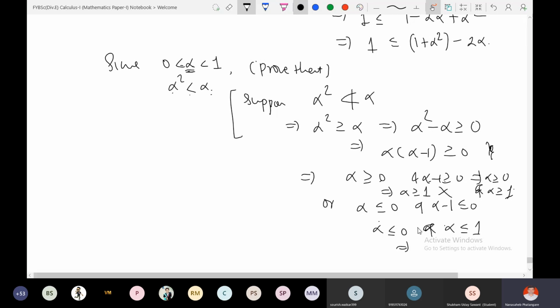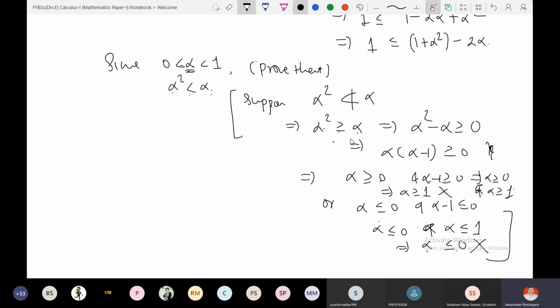The combination of these two is alpha less than or equal to 0, so this is also not possible. Therefore, if alpha square is greater than or equal to alpha, it implies alpha is less than or equal to 0 or alpha is greater than or equal to 1. So in any case, there is a contradiction.